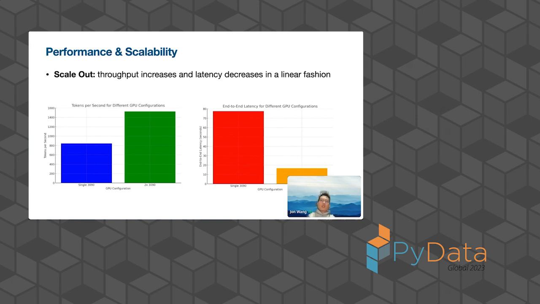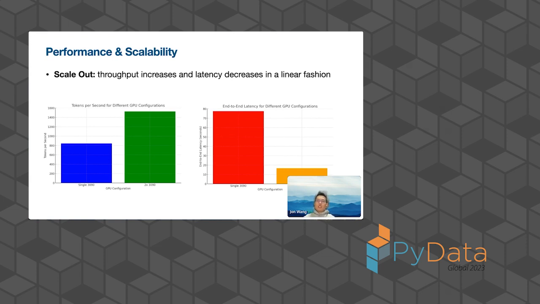When we compare the performance on a single card to that on a dual card setup, the throughput nearly doubled. This improvement in throughput is significant as it demonstrates the platform's ability to handle higher volumes of data processing without bottlenecks. Equally important is the reduction in latency.